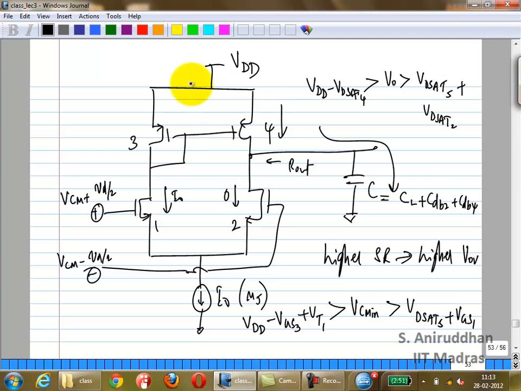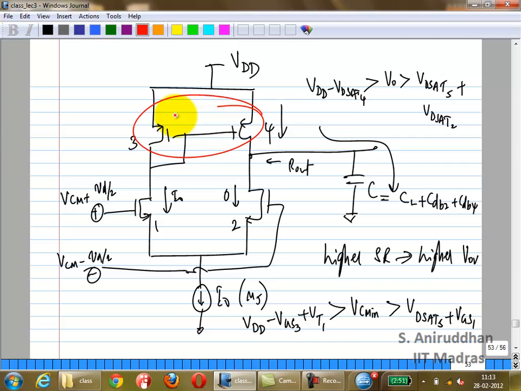So let us say we replace this guy with a cascode current mirror. If you do that, what is the output impedance? What is the output impedance right now, without any cascodes? It's just RDS4 in parallel with RDS2 in this case. Correct?